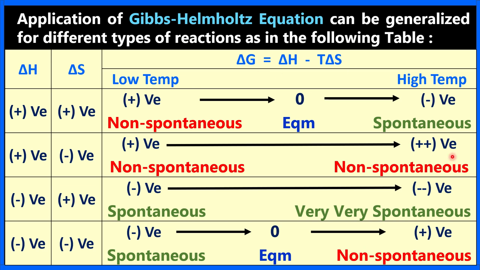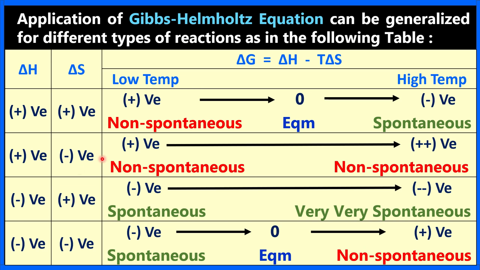So at higher temperature also the reaction is non-spontaneous. Therefore, for this type of reaction, that is delta H positive and delta S negative, the reaction is non-spontaneous at any temperature, that is low temperature as well as at high temperature.